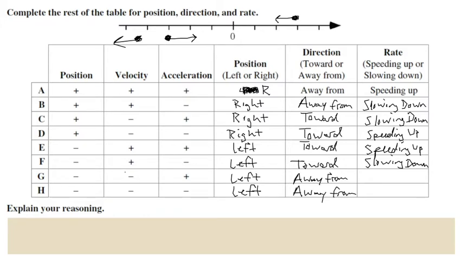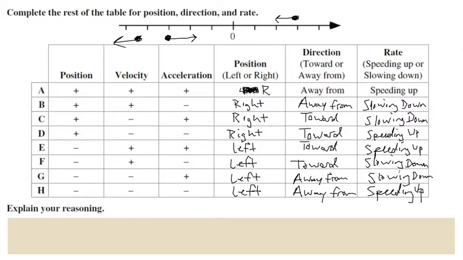In G, we have a negative velocity with a positive acceleration, so opposite signs again. And so this thing is slowing down. And for H, negative velocity, negative acceleration. When the velocity and the acceleration are in the same direction, they have the same sign, the object is speeding up.